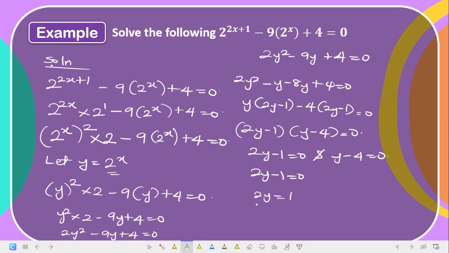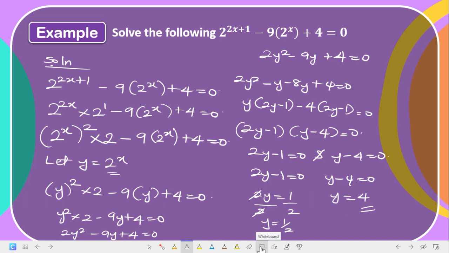Is that not so? Then we divide both sides by 2 to get y, so y is 1 over 2. And at the same time, y minus 4 is equal to 0, so y will be equal to 4, since if minus 4 crosses here it becomes 4. So you see that our y is half, and at the same time, our y is equal to 4.